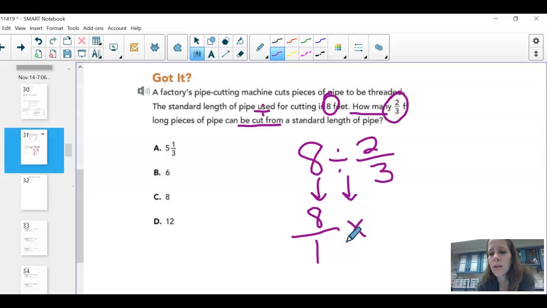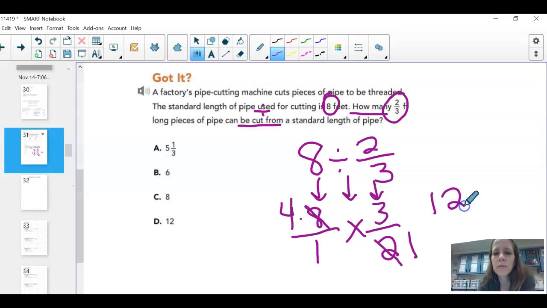It doesn't work that way. If I change this, I have to change this. Okay, I can cross cancel. I can divide both by 2. 4 times 3 is 12. 1/1 is 1. 12 divided by 1 equals 12.